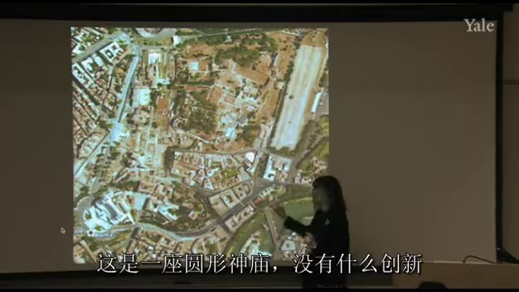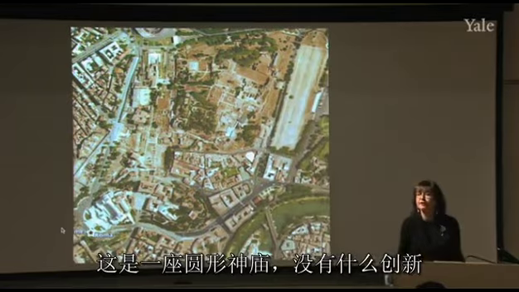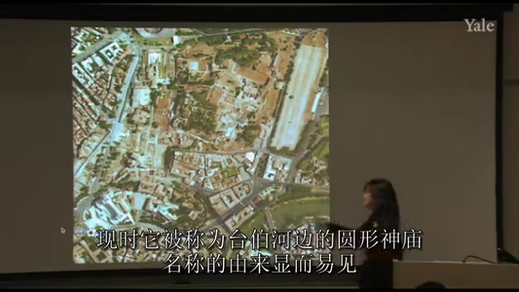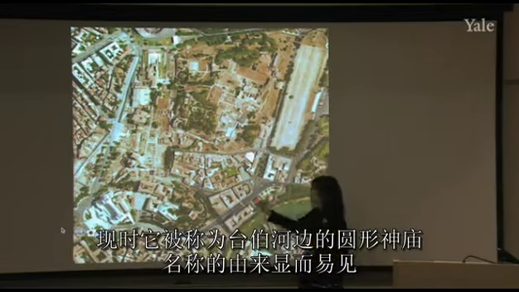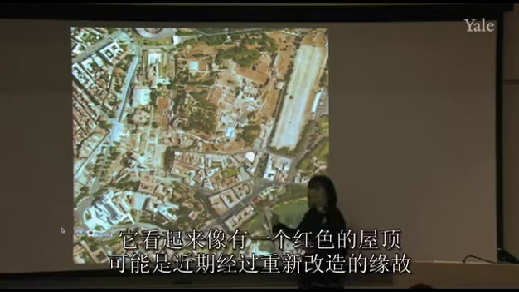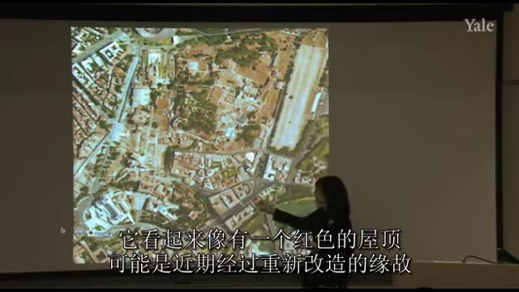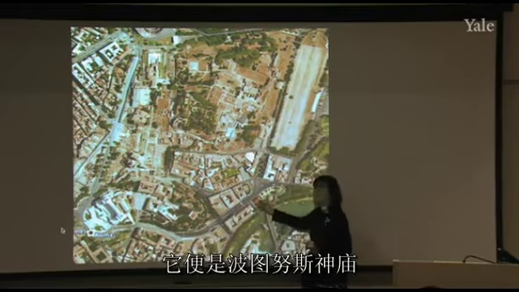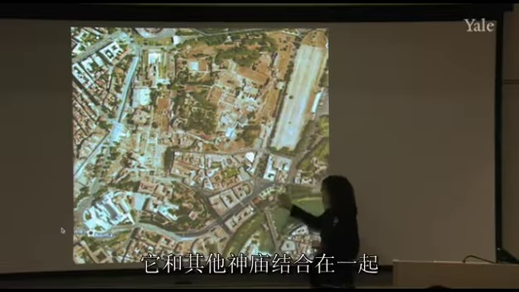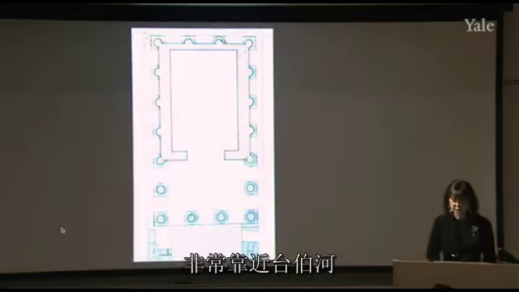This is a round temple, which is called today, very uninventively, the Round Temple by the Tiber, for obvious reasons, and then here a rectangular temple that looks like it has a red roof because it's been undergoing reconstruction or restoration recently. You see that here. This is the Temple of Portunus. So you can see, in conjunction to another temple that was built very close to the river, to the Tiber River.